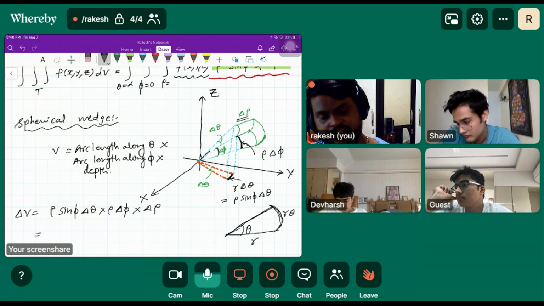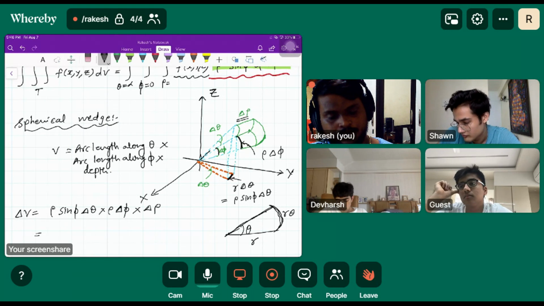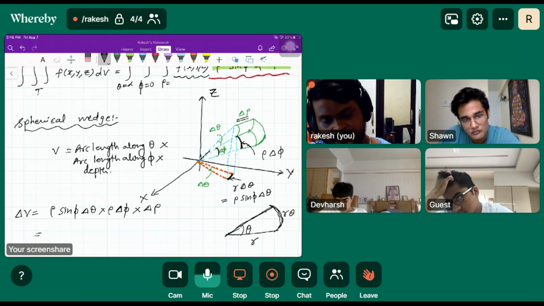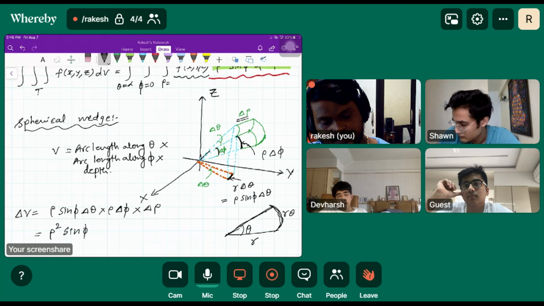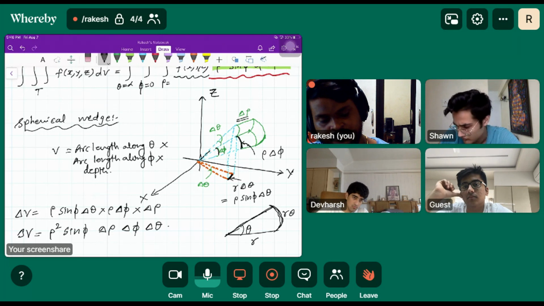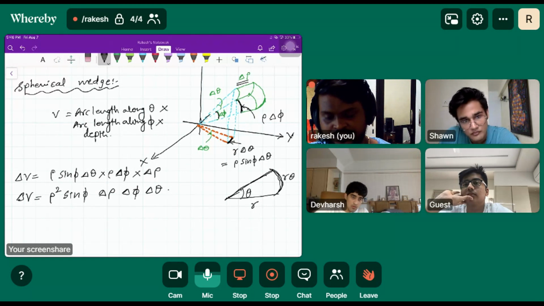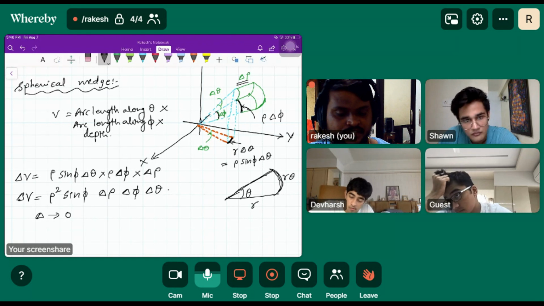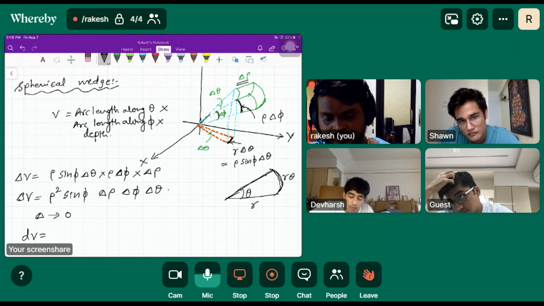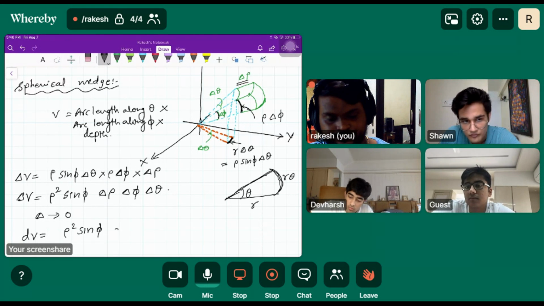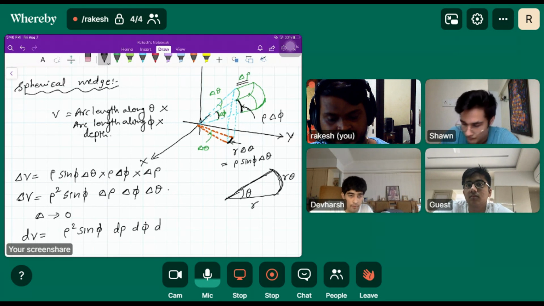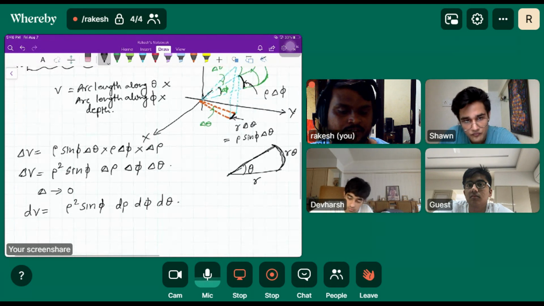If you rearrange the terms, you will get rho square sine phi delta rho delta phi delta theta, delta V. So for the small change, we get the differential. For infinitesimal change, these terms are converted into differential, and from there we get the idea of triple integration: d rho d phi d theta.